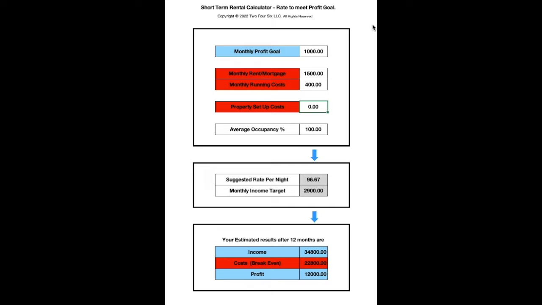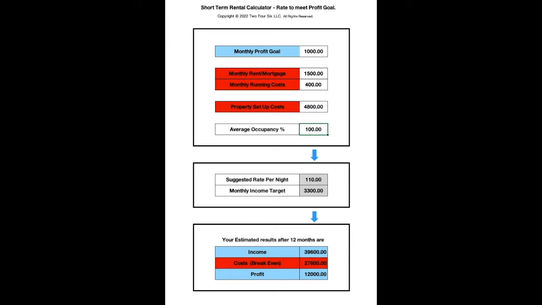And we have a setup, the cost of furniture, the cost of making the property guest ready, of $4,800 as a one-off number. And this is showing that at full capacity, 100%, the suggested rate per night that's needed is $110 in order to make your $12,000 profit or $1,000 a month profit goal.